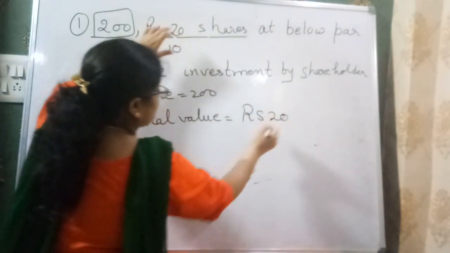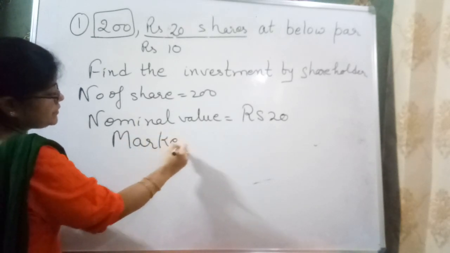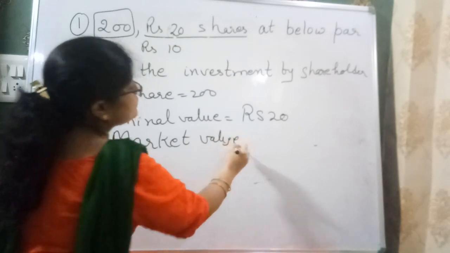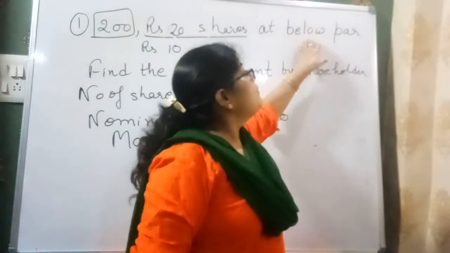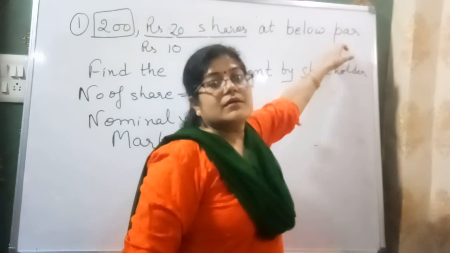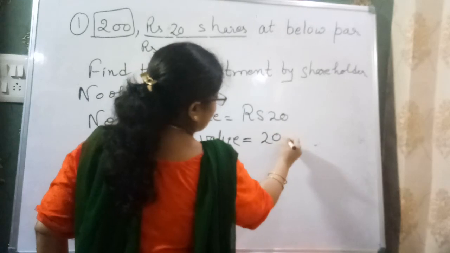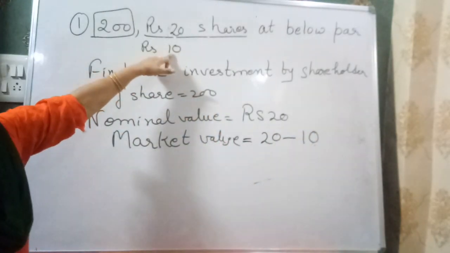Now we have to calculate the market value of the share. Here the price of the share is decreased because it is written below par. That means we subtract 20 minus 10. Why 10? Because 10 is written over here.